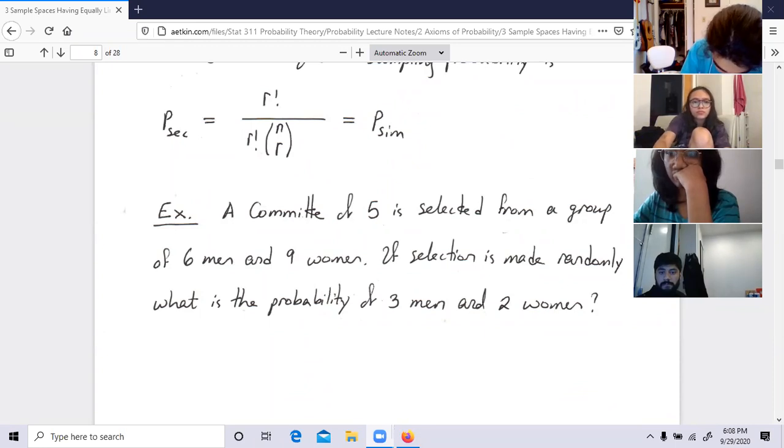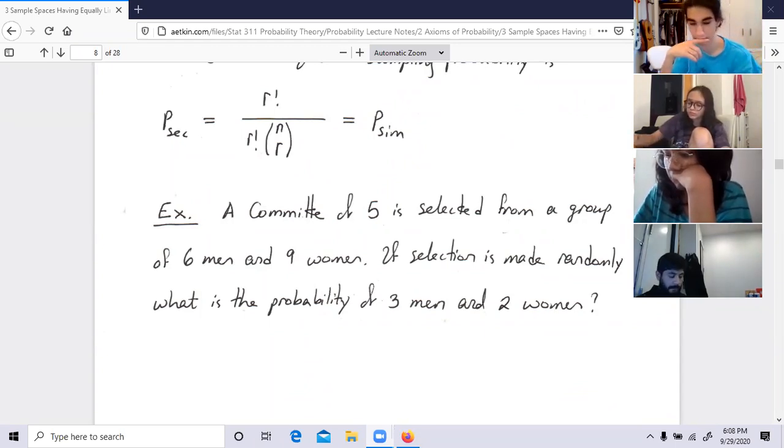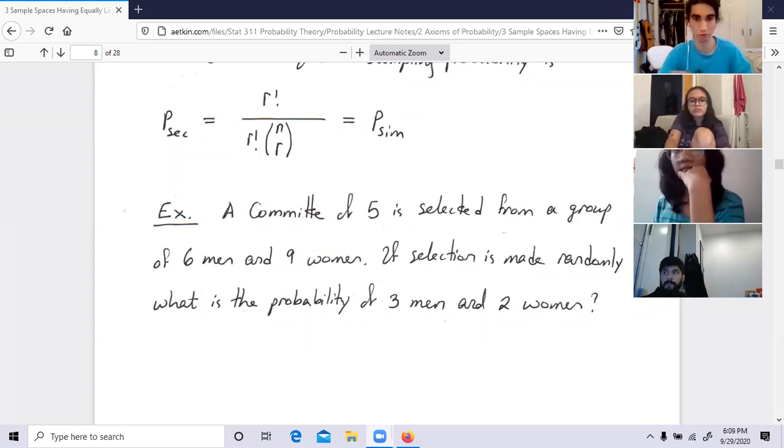Yes, simultaneous. That's what I tried to prove in the remark. So sampling: how do you form the committee? You can form the committee by deciding to pick the 5 individuals one after the other, or I pick them at the same time somehow. So how do you imagine picking? Imagine you have this machine, and it's grabbing the individuals one after the other.